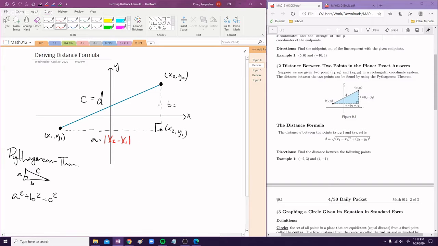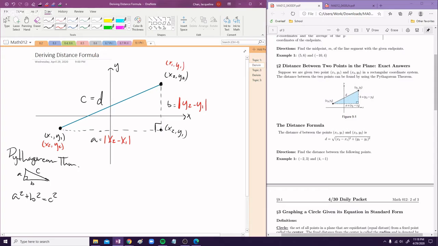Now we want to find the vertical distance. How do you find that? You just subtract the y values. So it would be y2 minus y1. Again, for safe measure, we're going to use the absolute value in case someone named this one x2, y2, and then x1, y1.